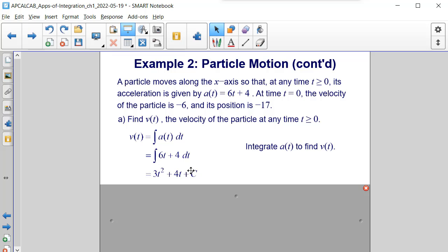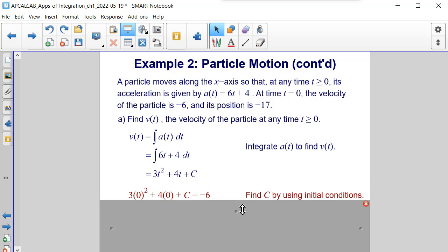The next step is to determine the value of c with the given information. It tells us at time t equals 0, the velocity of the particle is -6. So if we substitute 0 in for our t values and still have the plus c there and set that equal to -6, we can solve for our c value. So the 3 times 0 squared, that goes away.